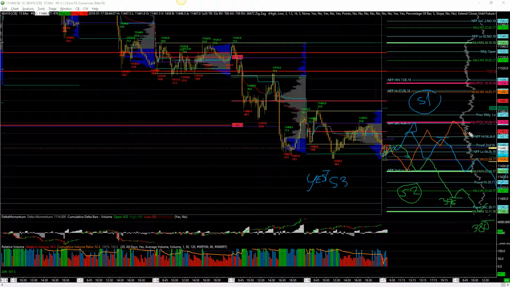And then extend up to previous day high. And to the upside, target is going to be this VPOC here. Scenario 3 at 490. So that's scenario 3.